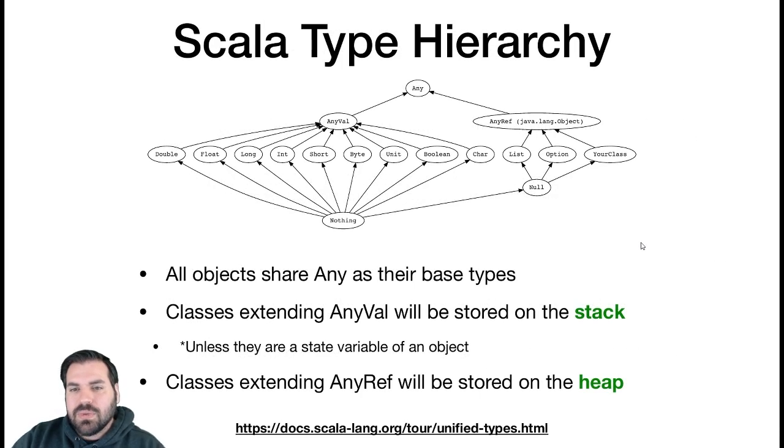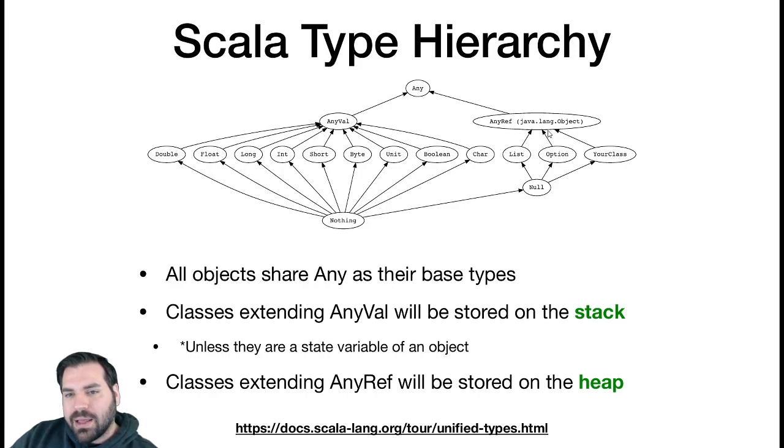All right, so last time we saw inheritance, and we looked at the type hierarchy, and we saw that every single type in Scala extends this Any class, and there are two basic categories of types in Scala. One, classes that extend AnyVal, which extends Any. These are what I call our primitive types. These are all the types that go on the stack as values.